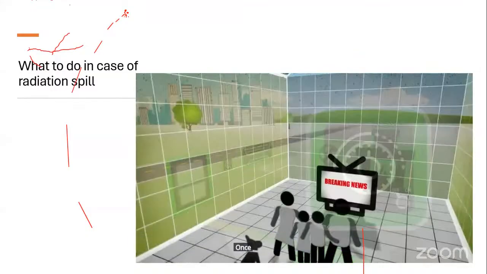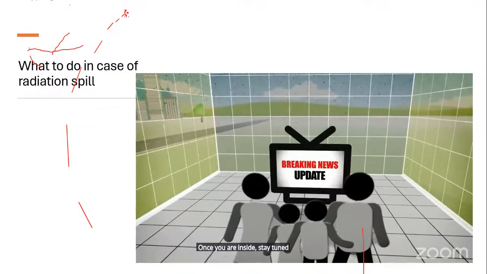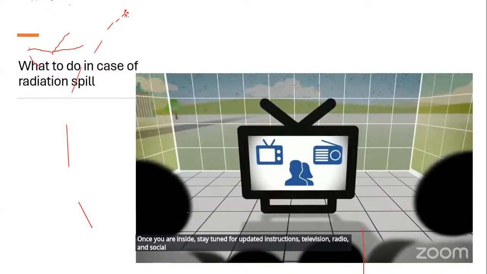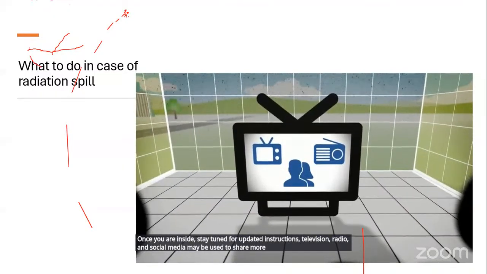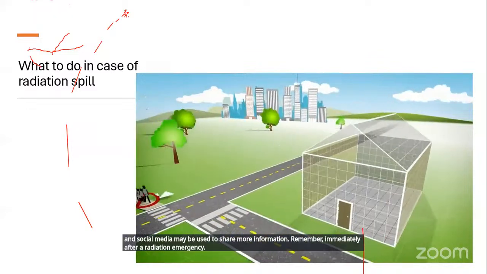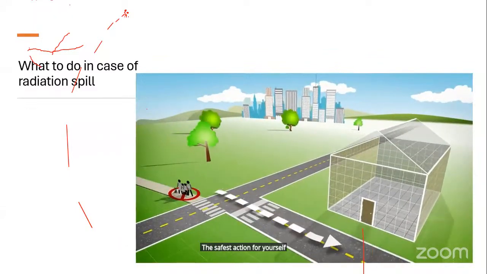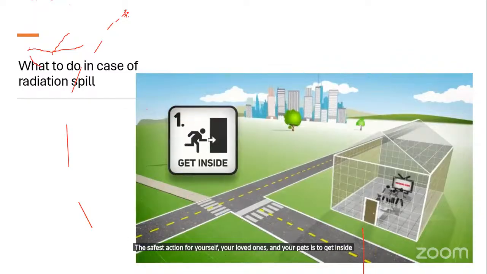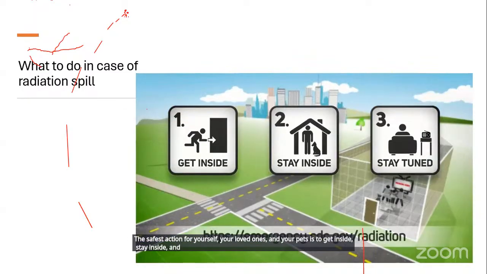Once you are inside, stay tuned for updated instructions. Television, radio, and social media may be used to share more information. Remember, immediately after a radiation emergency, the safest action for yourself, your loved ones, and your pets is to get inside and stay tuned.